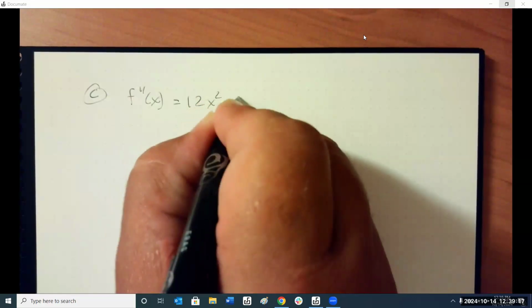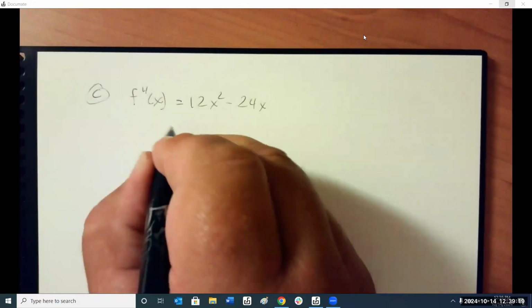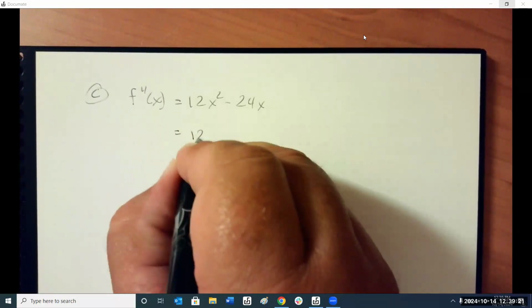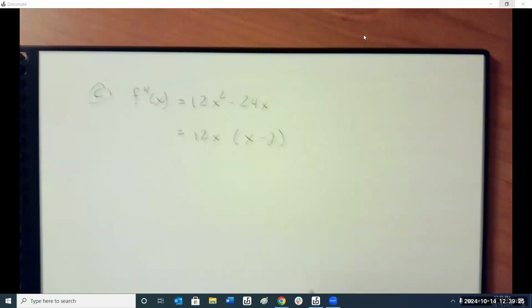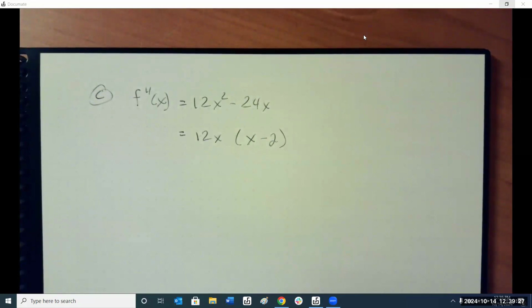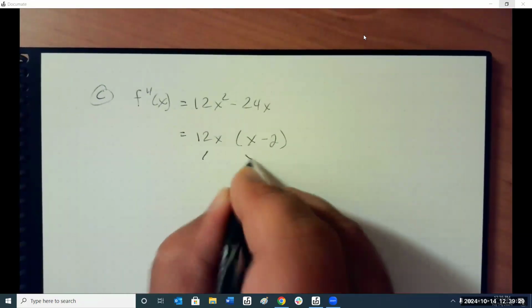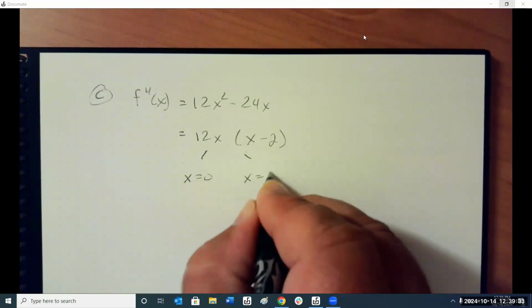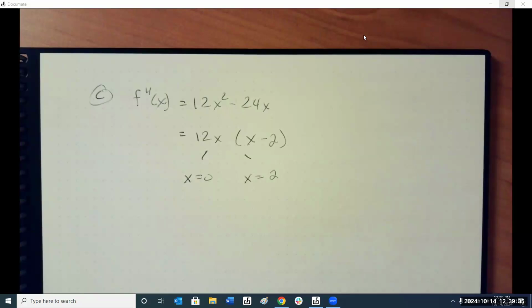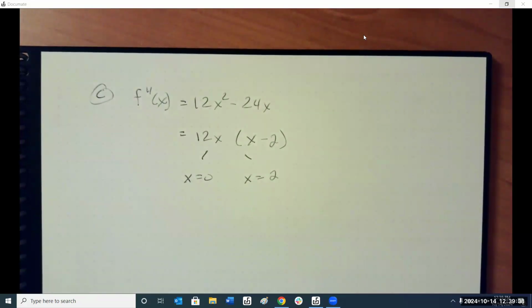We can take out 12x, which leaves x minus 2. So x equals 0 and x equals 2. Now we determine if they're concave up or concave down.